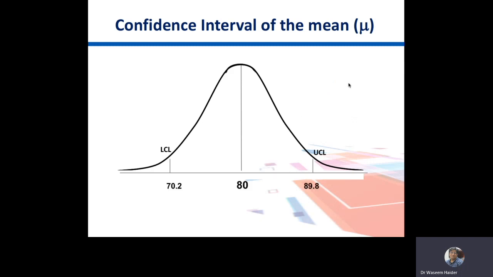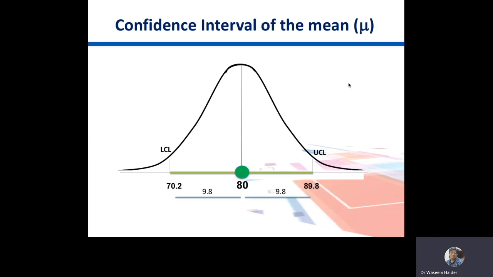Suppose here is some mean that was 80, and the lower confidence limit, or LCL, was equal to 70.2. The upper confidence limit was 89.8, and between the LCL and UCL, the total range is what we call the width of the confidence interval.